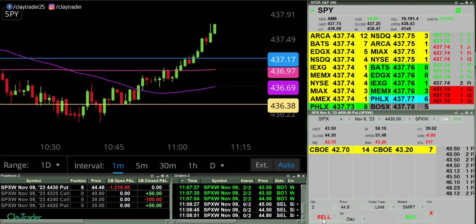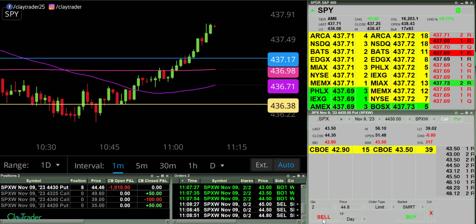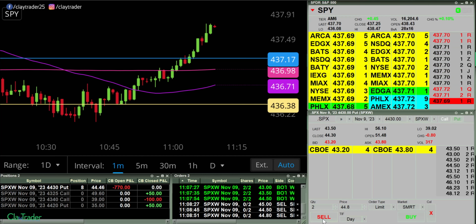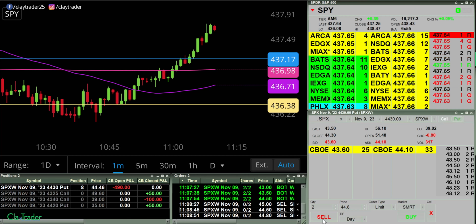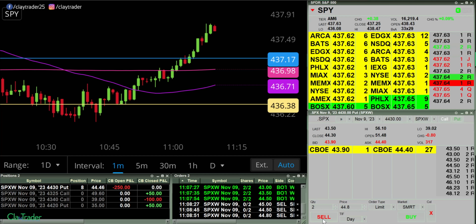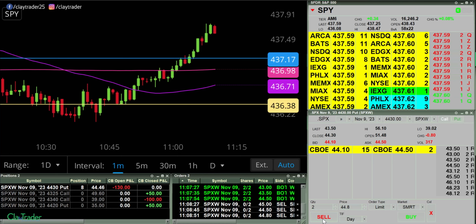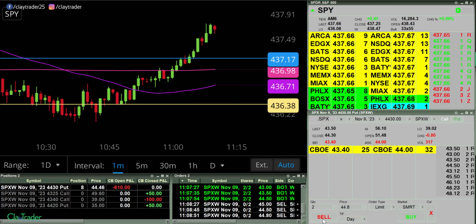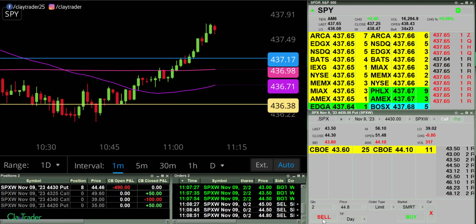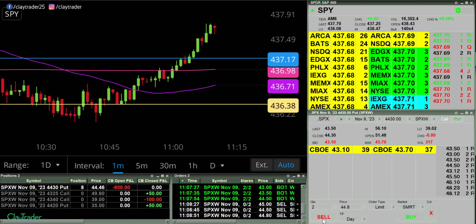So let's see this thing come down here. At 44.50 for my first exit, and it got close. See if it wants to give it another try.